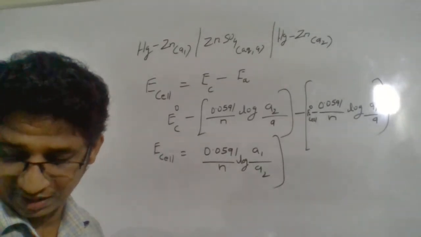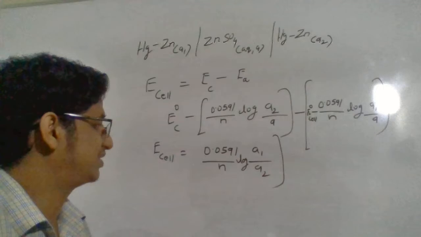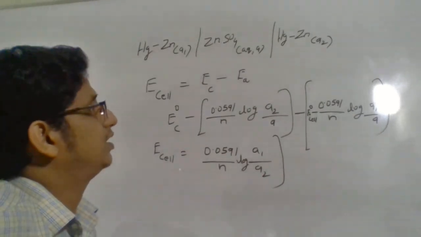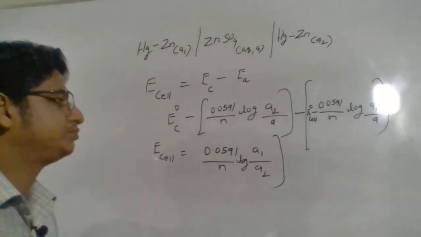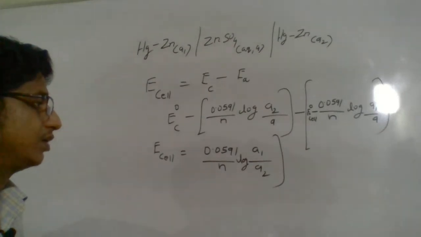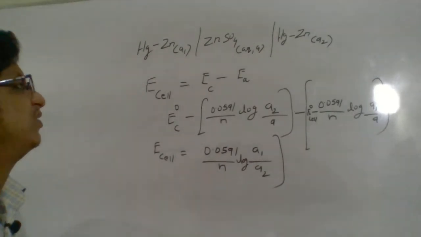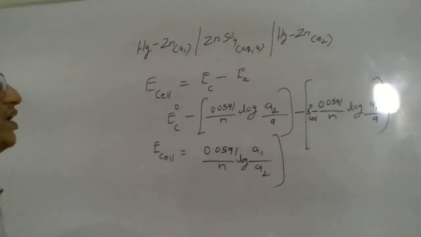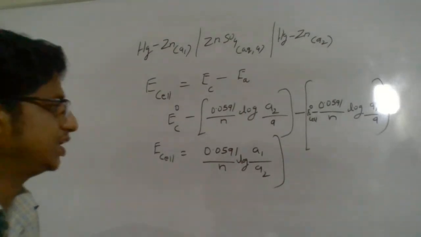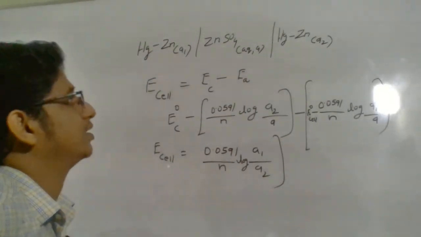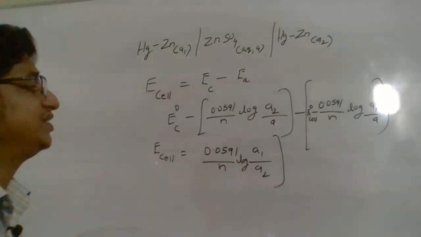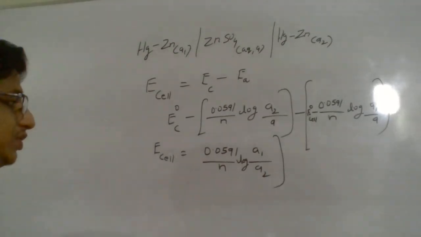So that is the general equation for a zinc-mercury amalgam electrode concentration cell, where one electrode has concentration A1 and the other has concentration A2. Since A1 is greater than A2, you always get a positive E cell.